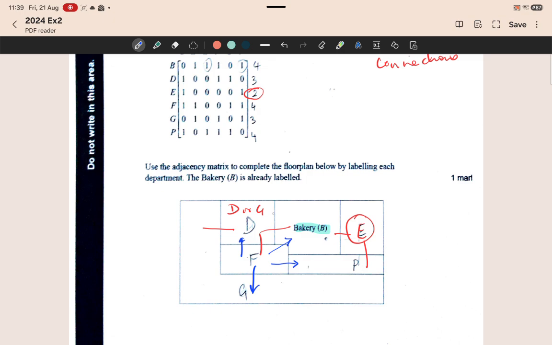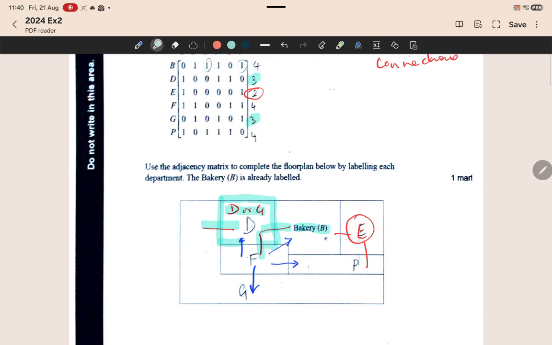I saw this particular location had 1, 2, 3 connections. But then when I saw the orders, I saw 3 was in 2 locations. So it could be either D or G. So I placed D or G there, and then I moved on.